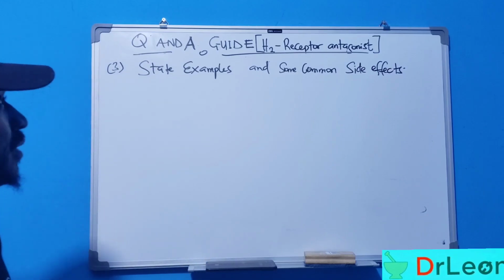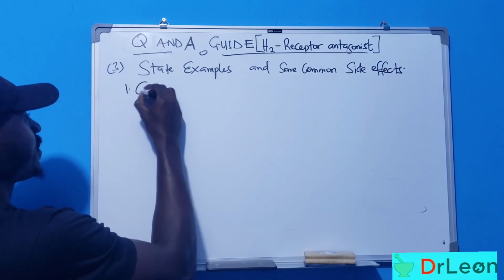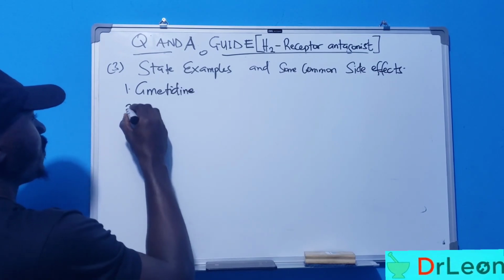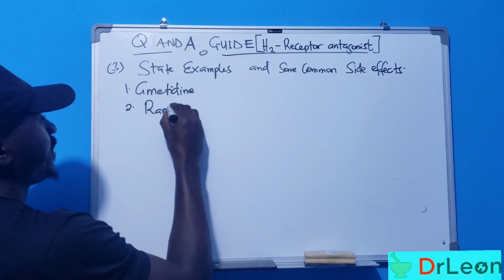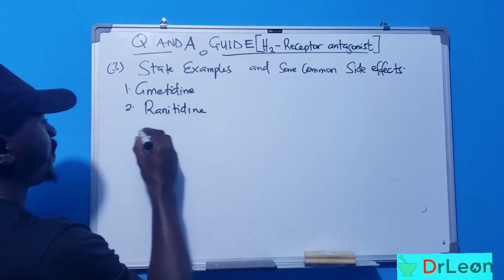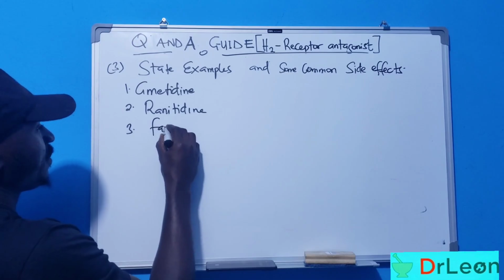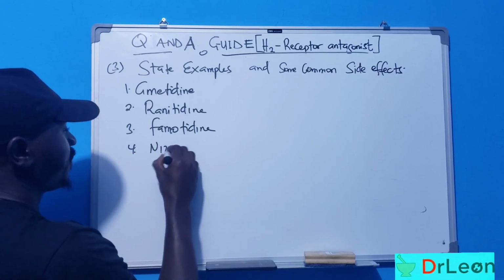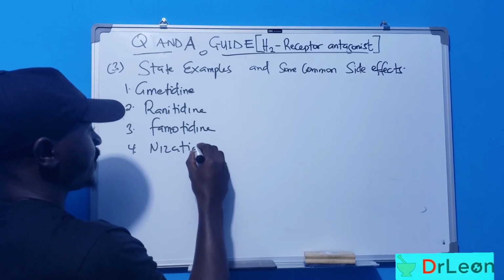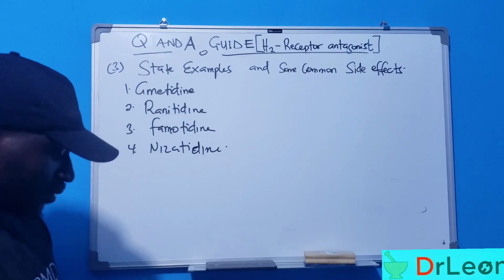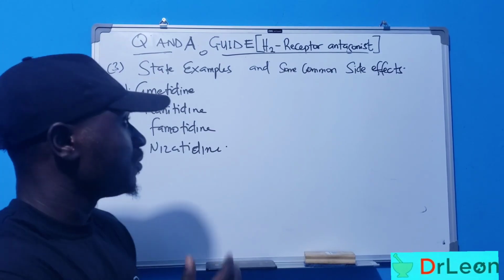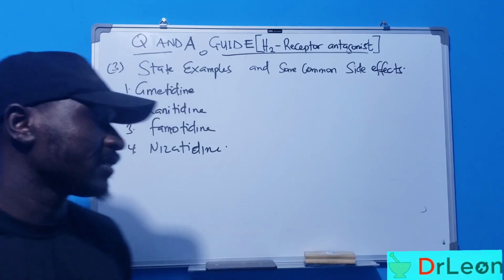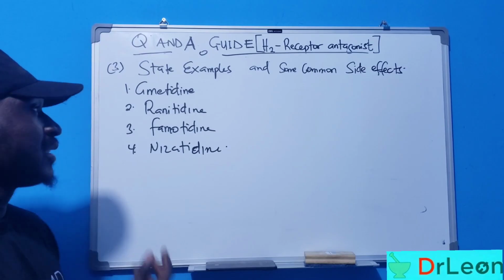So examples, we have cimetidine, ranitidine, famotidine, nizatidine. So if you are told to mention examples of H2 receptor antagonists, you can mention these.